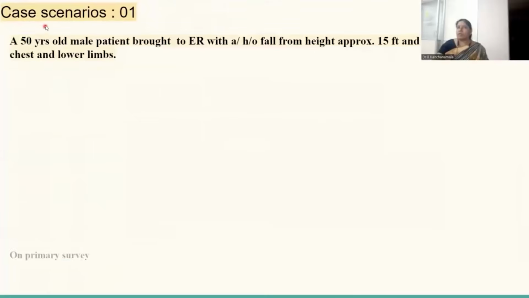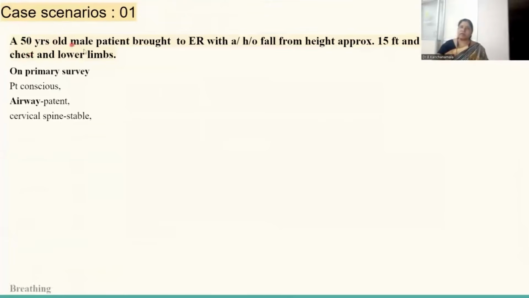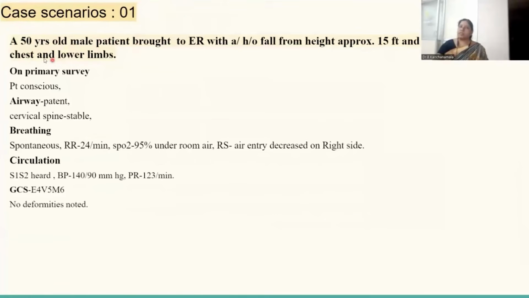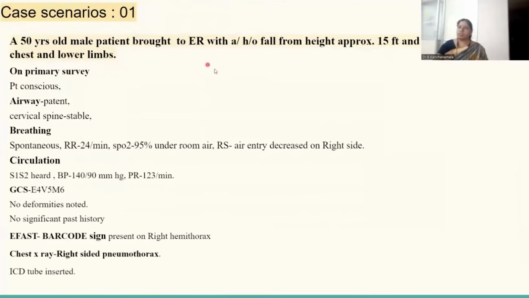Now we'll go to the last part, the discussion of cases. These cases are actually picked up from our center. The first case is a 50-year-old male presented to the ER with a history of a fall from 15 feet. On primary survey, the patient is conscious with a patent airway and a saturation of 95% with reduced air entry on the right side.